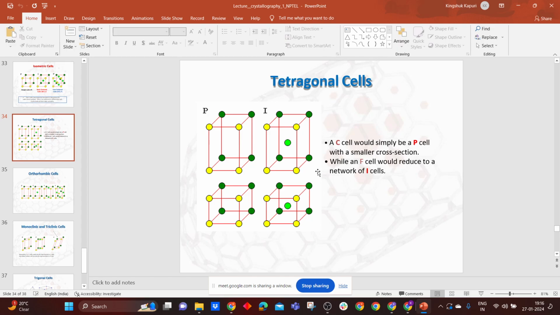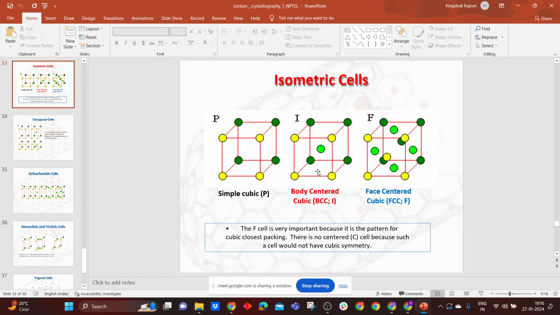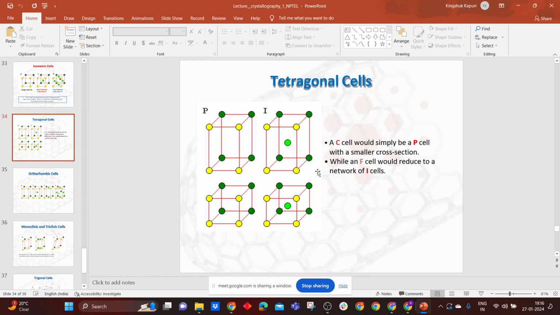What we do in the case of isometric is that, if we are taking a face centered at each of the faces, the face on the upper part will share half of the atom, and the lower part of the face will share half of the atom, so that half and half makes one. But this process we cannot do in the case of tetragonal.